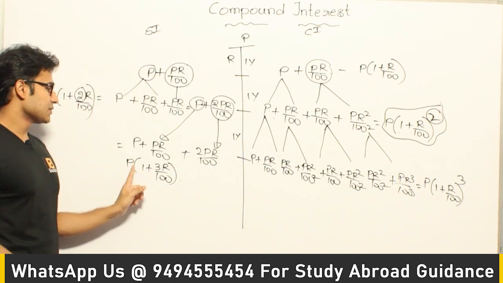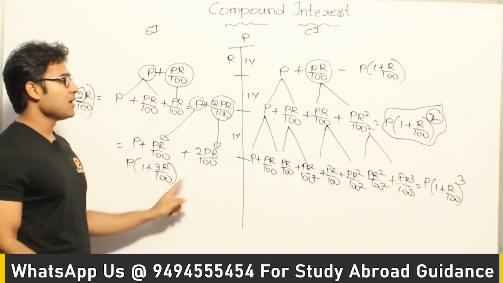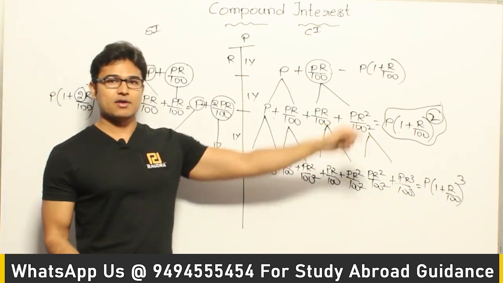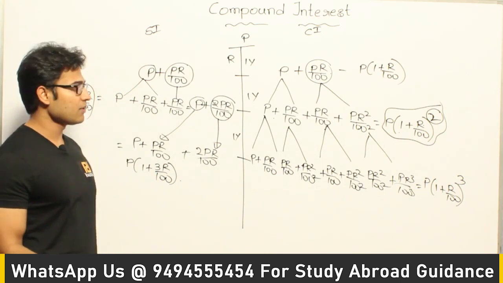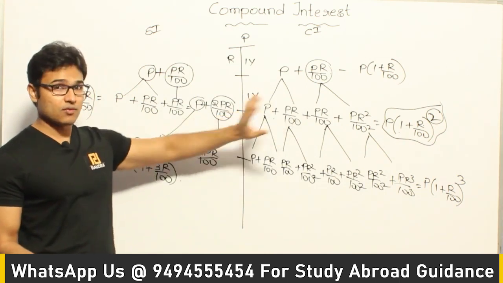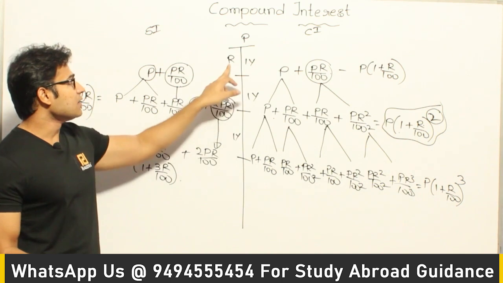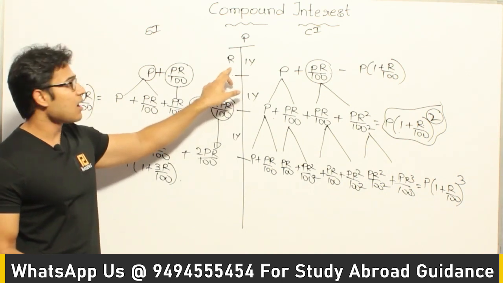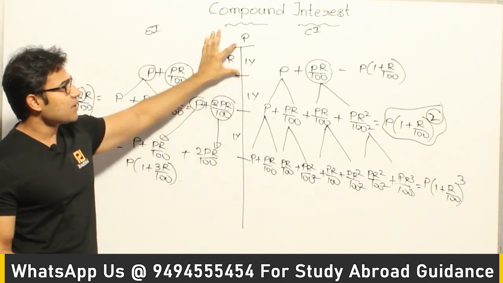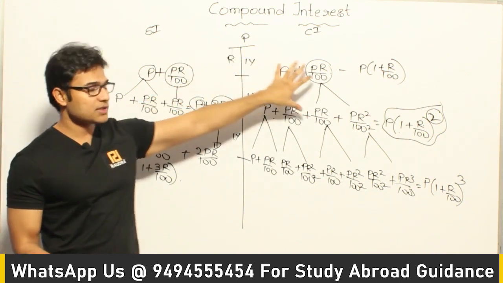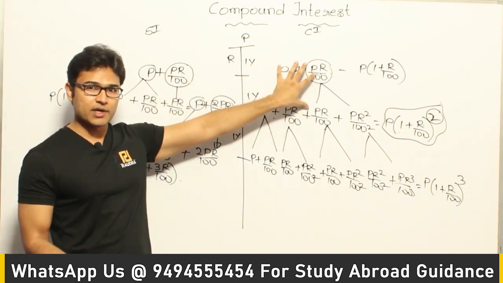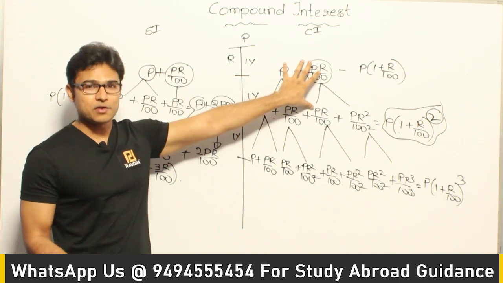Right? So now see this, P into 1 plus RT by 100 and P into 1 plus R by 100 whole power T. One more thing, you have to be very careful here. R is the rate of interest per annum, and this case is applicable where the interest is compounded annually.